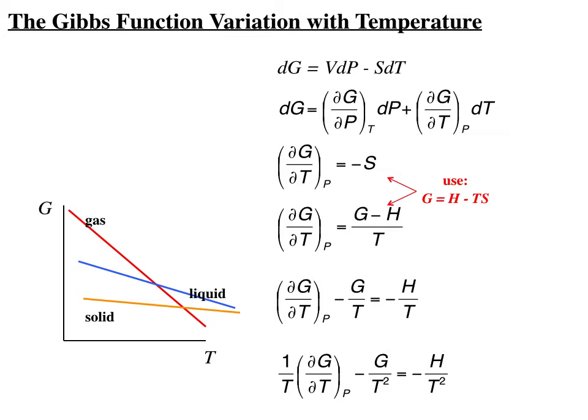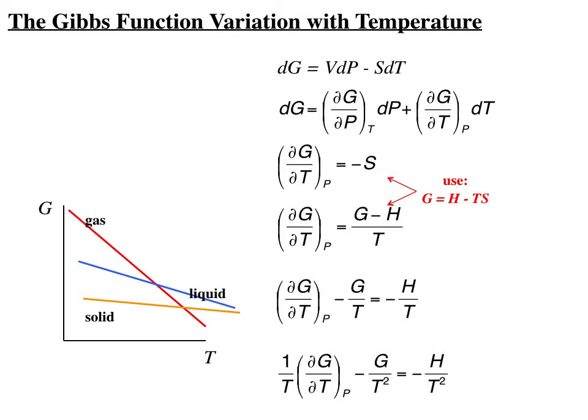So if I use the definition of the Gibbs function as being G = H - TS, and then solve that for S, I can say that the variation of the Gibbs function with temperature is (G - H)/T. Now what I'm going to do is subtract G/T from both sides, and I get that the variation of the Gibbs function with temperature minus G/T is equal to -H/T.